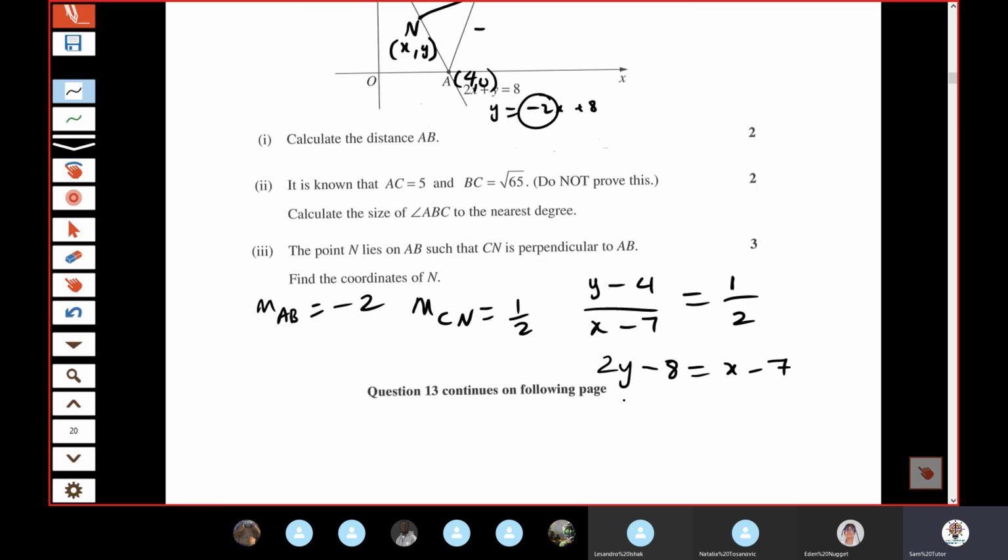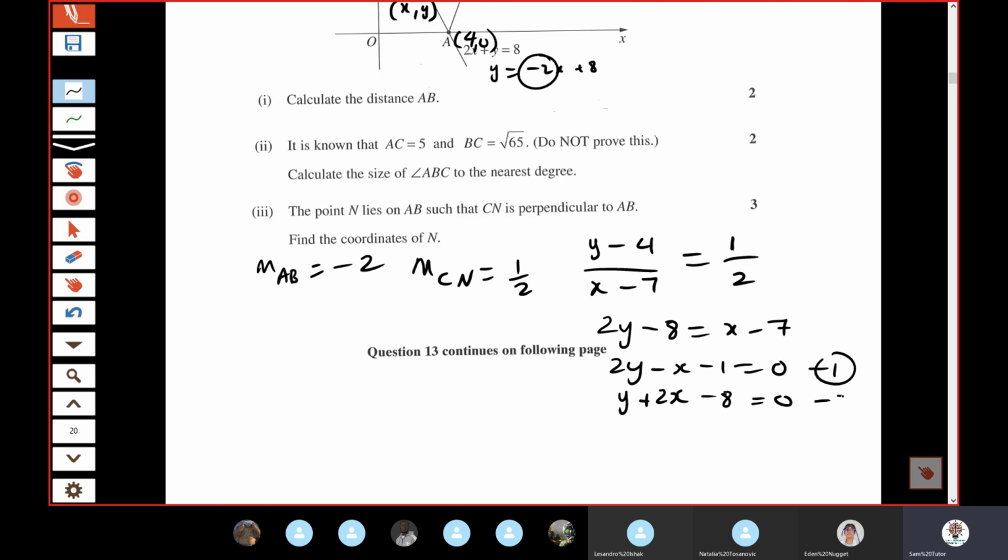Bring everything to one side: 2y minus x minus 8 plus 7 is minus 1. That's equation 1. Equation 2 is 2x plus y minus 8 equals 0, where those two equations meet.